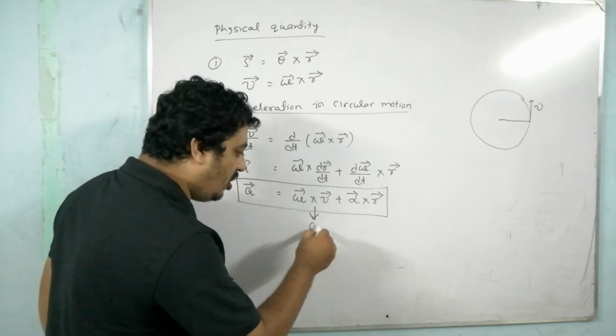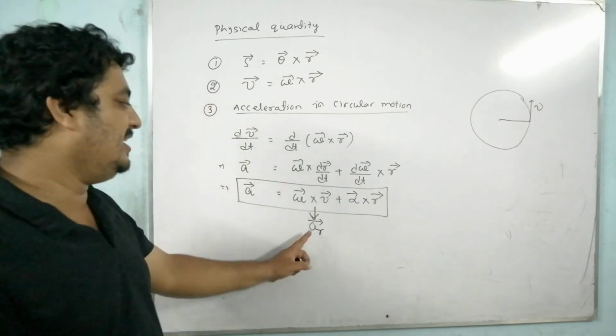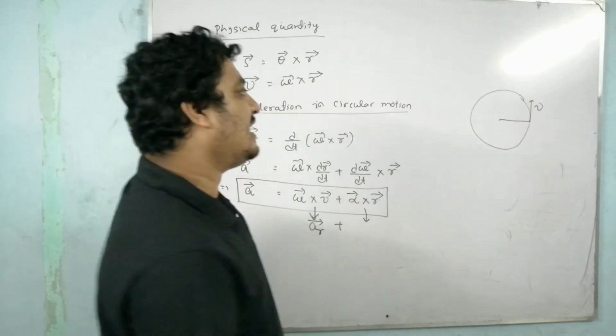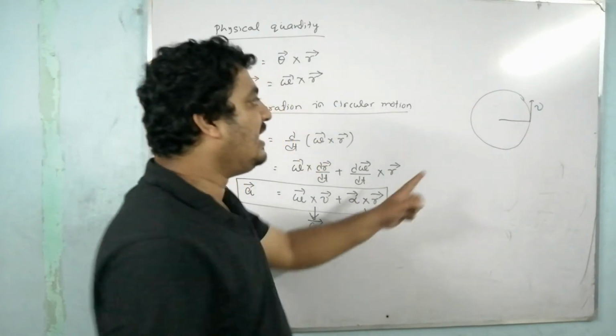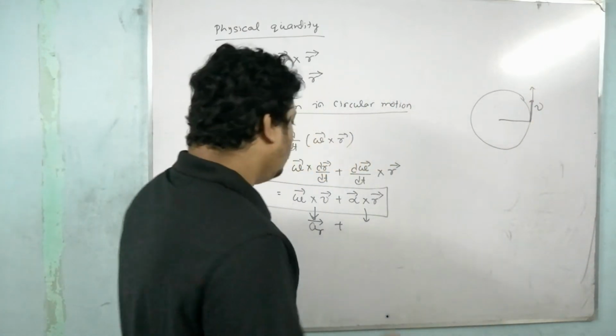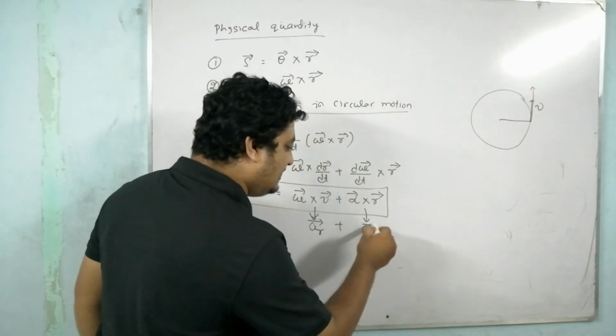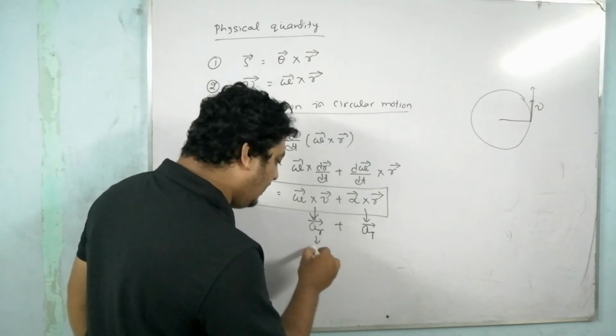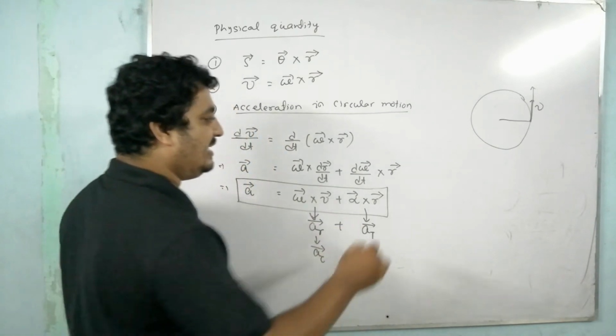That's why this is called radial acceleration AR, plus alpha cross R. Alpha cross R is directed along the tangent. So this is called tangential acceleration. This radial acceleration is also called centripetal acceleration.